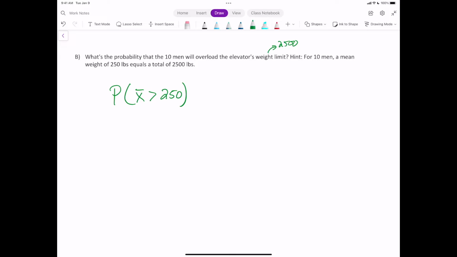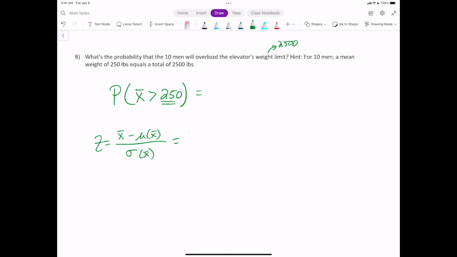All right. So how do we do that? As we saw in the other video, there's a couple ways we can go about it. We can go the z-score route. Let's try that. So we're going to convert this 250 to a z-score. To do that, you take your sample mean, which is 250, minus the mean of your distribution, divided by your standard deviation.